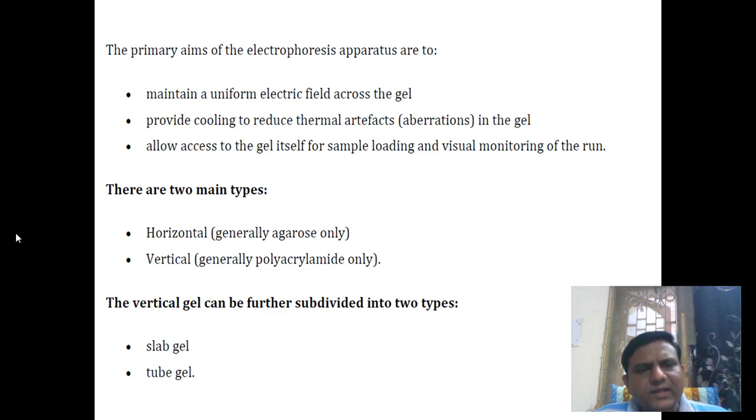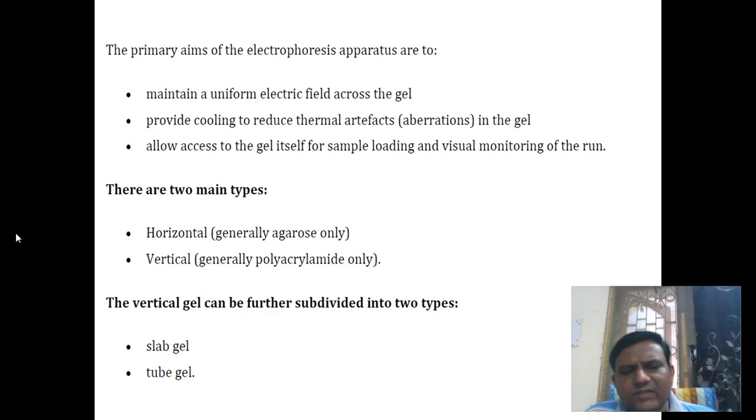Dear students, basically the electrophoresis techniques or methods are classified into two types depending upon the direction in which your molecule wants to migrate. If your molecule migrates horizontally, that type of electrophoresis is known as horizontal electrophoresis, for example the agarose gel electrophoresis, in which your molecules migrate in a horizontal way.